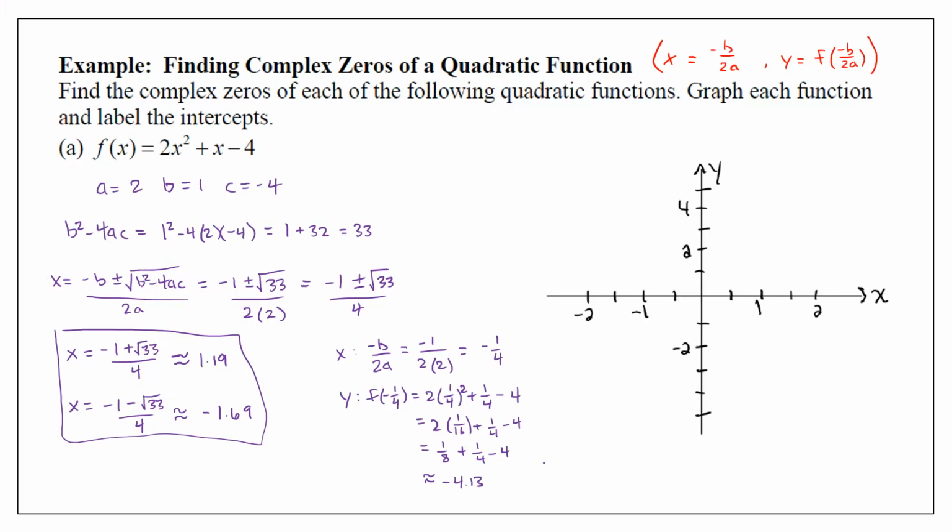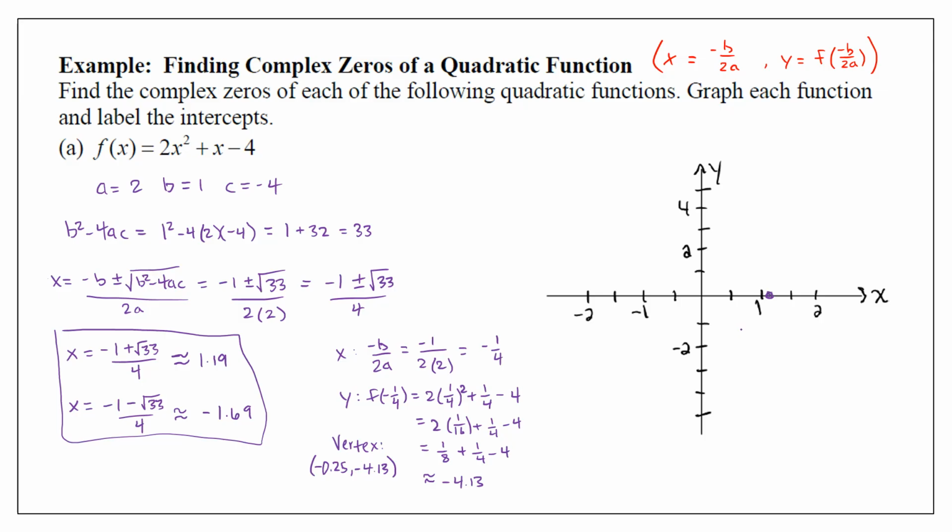So we have our vertex at negative 0.25, negative 4.13. That's going to be the vertex. Okay. All right, now let's estimate where these points are going to be. So for the first one, 1.19, that's going to be somewhere in here.